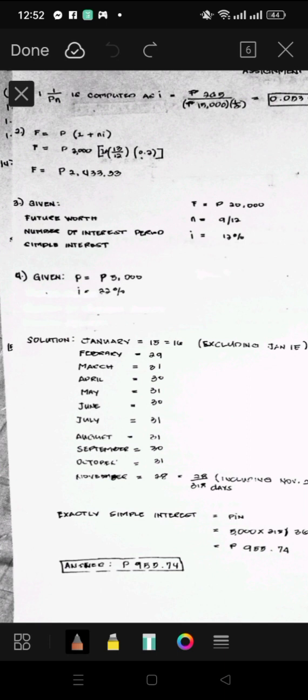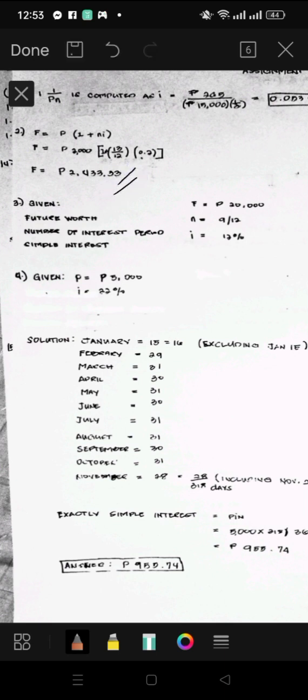And i is equal to 0.2, since 20% in decimal is 0.2. So let's directly substitute into our formula.